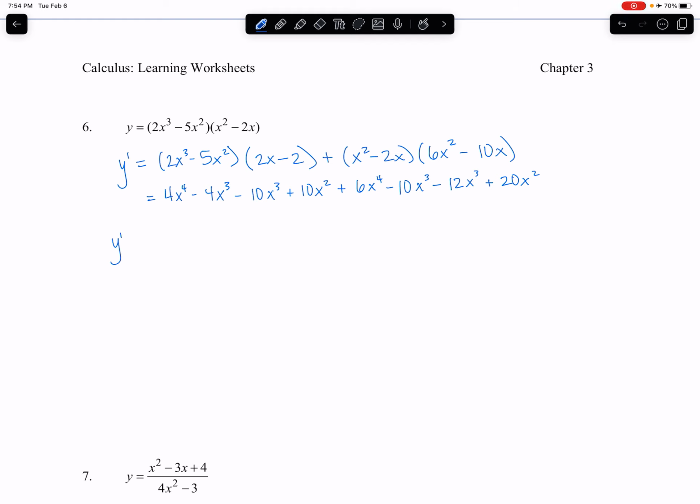Now combining like terms, we'll get a derivative of 10x to the fourth minus 36x cubed plus 30x squared.